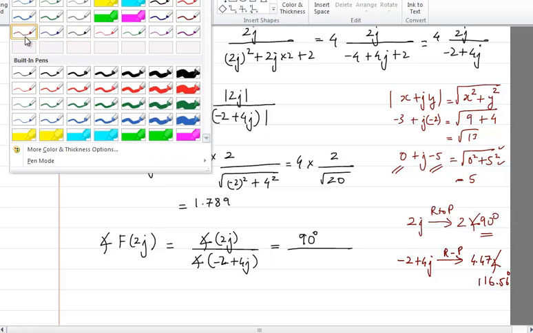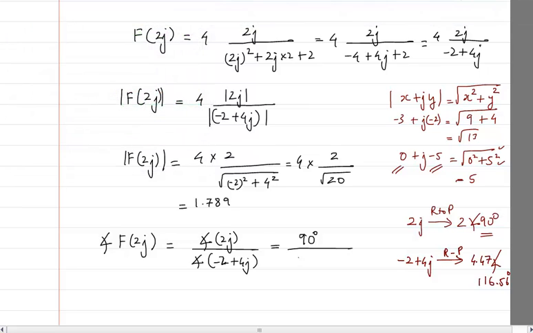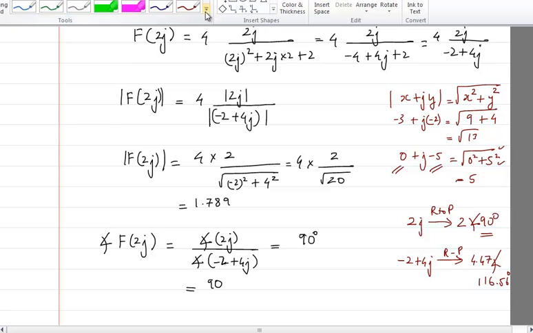So I will write the angle as 116.56 degrees. And we know that if it is division, the angle should be subtracted. I should not write it like this, I will correct it.